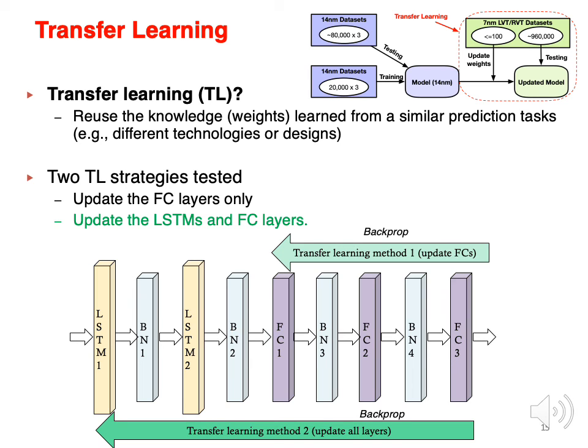Similarly, for the second approach, we also started from the pre-trained weights using the 40 nanometer dataset, but we updated the entire set of trainable parameters of our model, which is the second arrow shown here. Our result shows that the second approach is better than the first one, but both give us much better results, and we are going to see that in the next few slides.